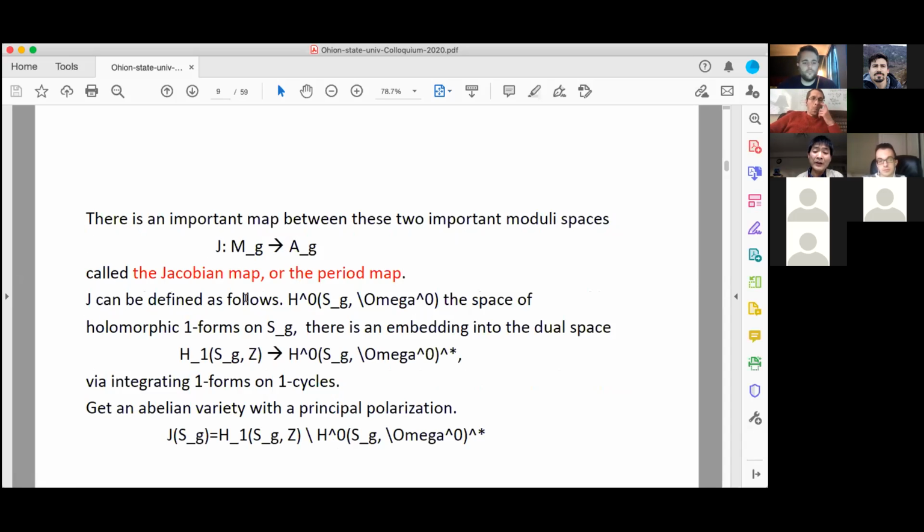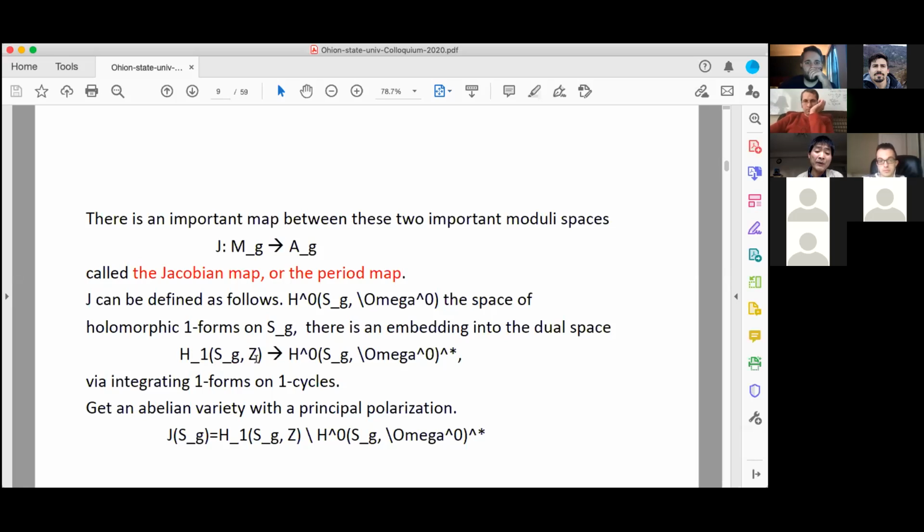So I'll give a quick definition here of this period map. H^0(S_g, Omega^1), that's the space of holomorphic one forms on S_g. This is a complex vector space of dimension g. There is an embedding of the first homology, Z^2g, into C^g, the dual space.